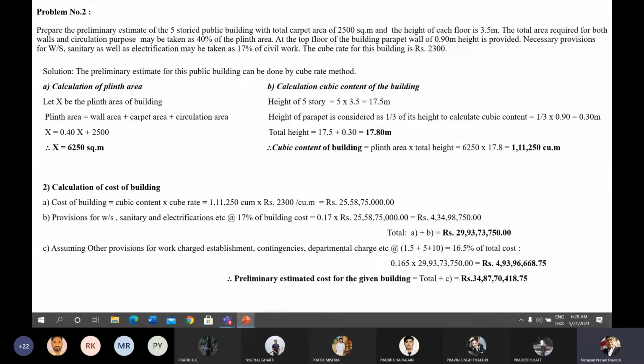That's why the height will be 0.30 meter. Total height is total story height plus parapet height, which is taken for the calculation of cubic content.